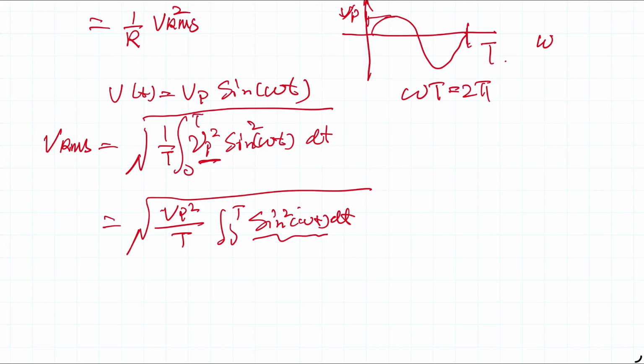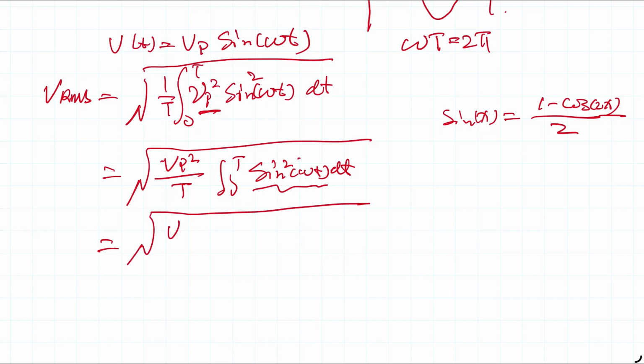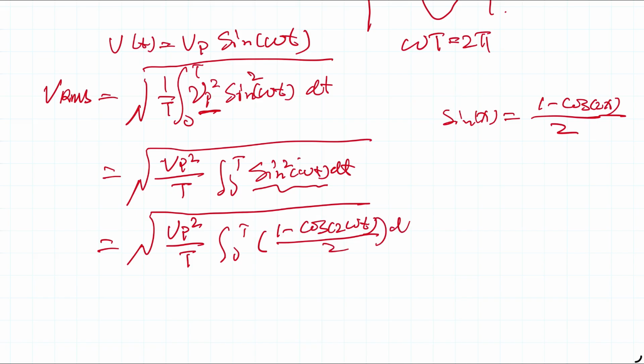Now we can use the identity for the sine wave: sine squared x equals 1 minus cosine 2x, over 2. Now we can put this in here, and we can do square root of Vp squared over T, integral from 0 to T of 1 minus cosine 2 omega t, divided by 2, dt.